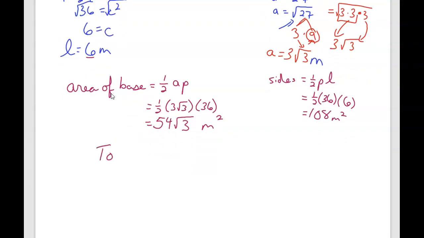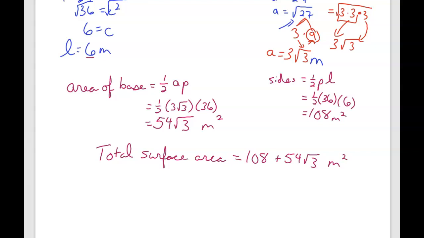So our total surface area is these two things added together: 108 plus 54 square root of 3. We cannot combine these because one of them has a square root and the other does not, meters squared.